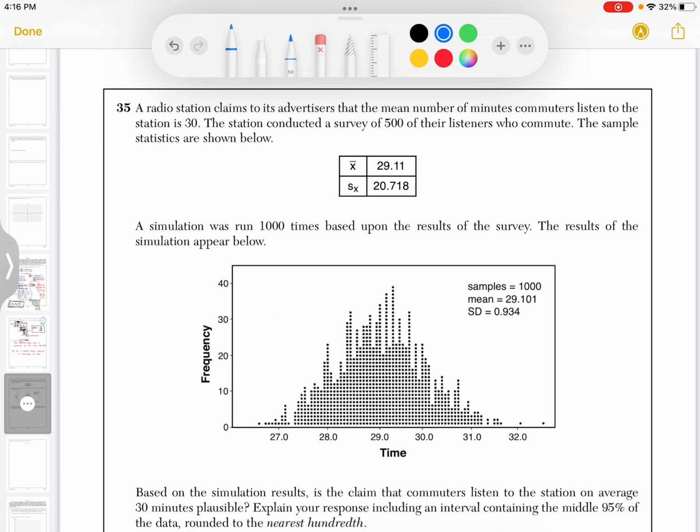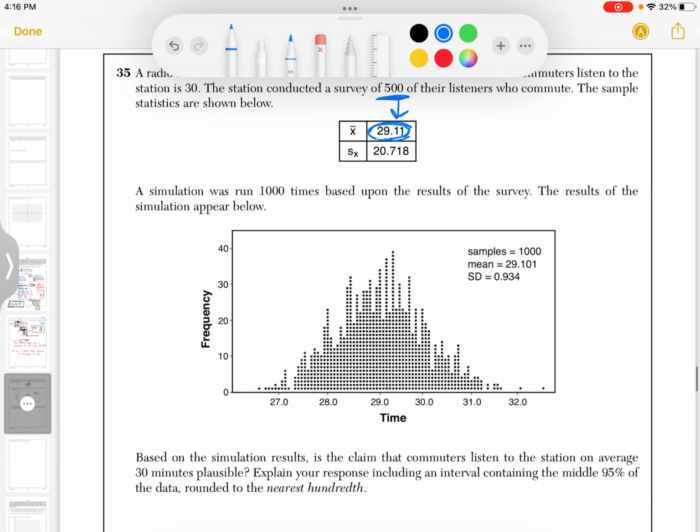So the average number of minutes that someone who's driving listens to the radio is 30. The station conducted a survey of 500 of their listeners who commute. The sample statistics are shown below. So of these specific 500, they ended up with an average of 29.11 minutes that they listened to the radio.